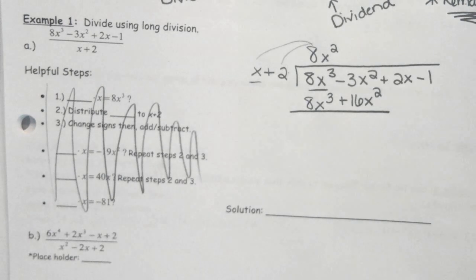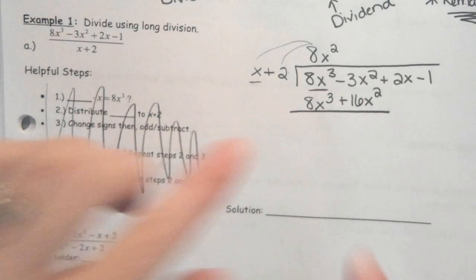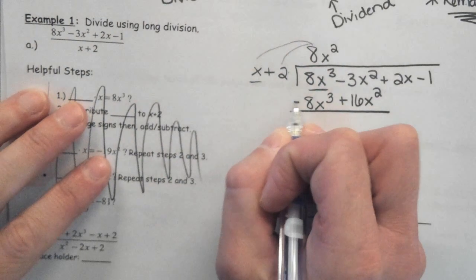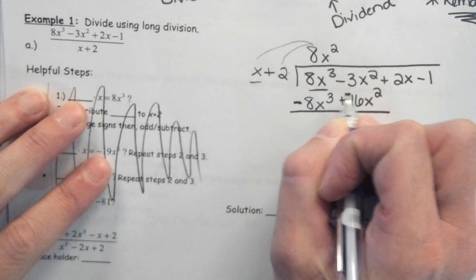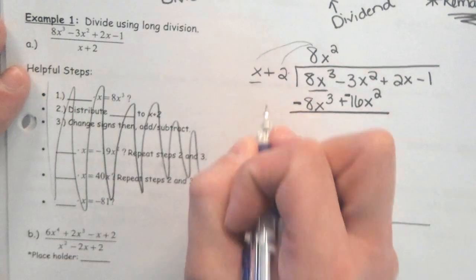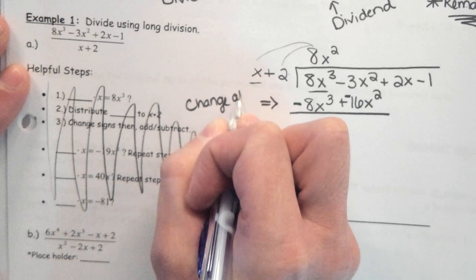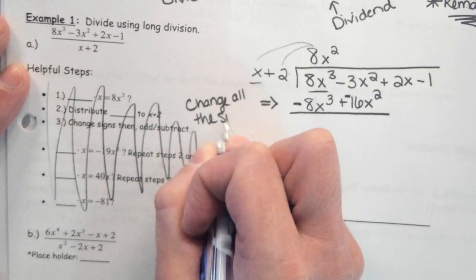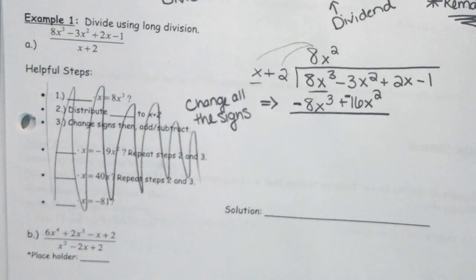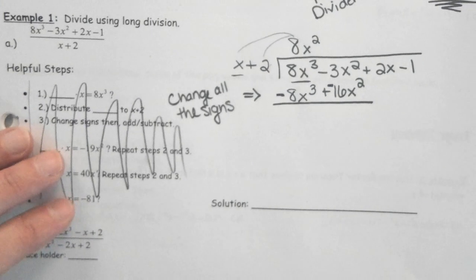So what I have adapted to saying is that once you get to this step, instead of subtracting, you are going to change all the signs. Because if I tell you to subtract, without fail, people forget to distribute the subtraction through. So instead, this is what I think in my head, change all of the signs. And that's what I want you to think too, because again, 20 years of experience has told me that is the way to go.